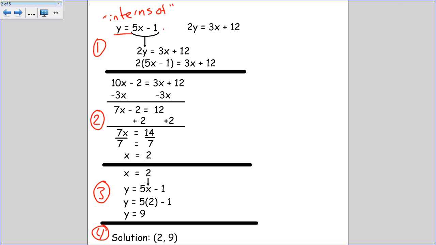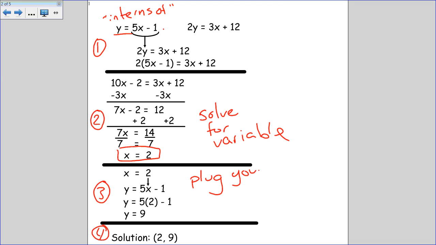Once you plug it in, you're going to solve for your variable, which we saw here was x equals 2. Your third step was to plug your answer into the original equation. You plugged 2 back in for x into your original equation.